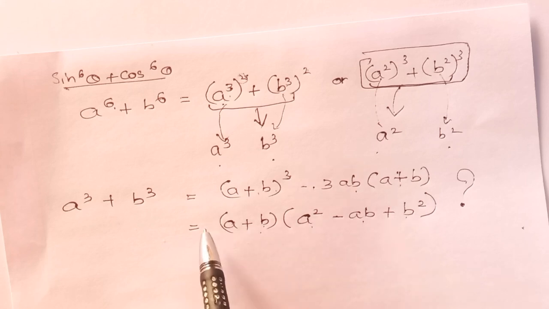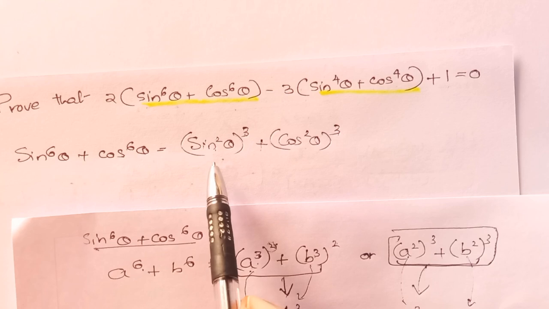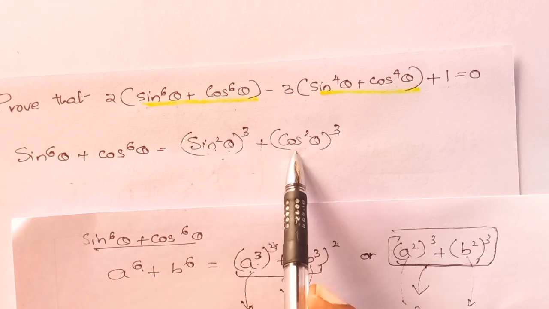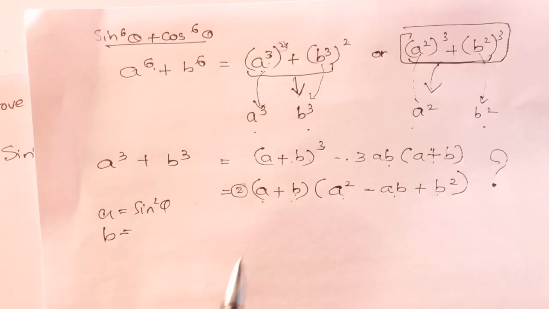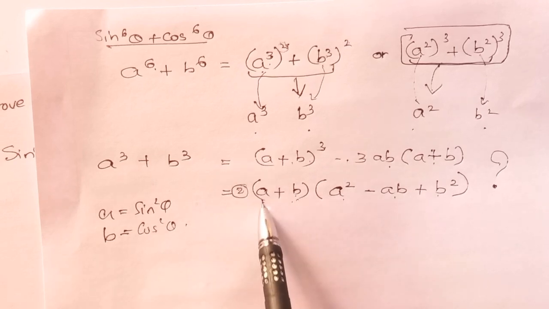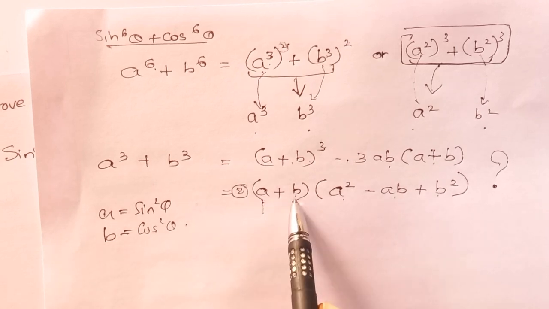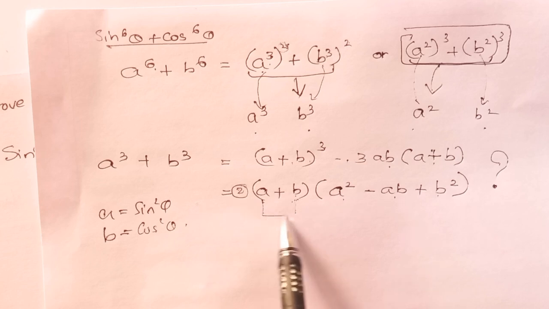So when you look at this second formula, a plus b, in this case a is sine square theta and b is cos square theta. So when you replace here, it is sine square theta plus cos square theta, that becomes 1.